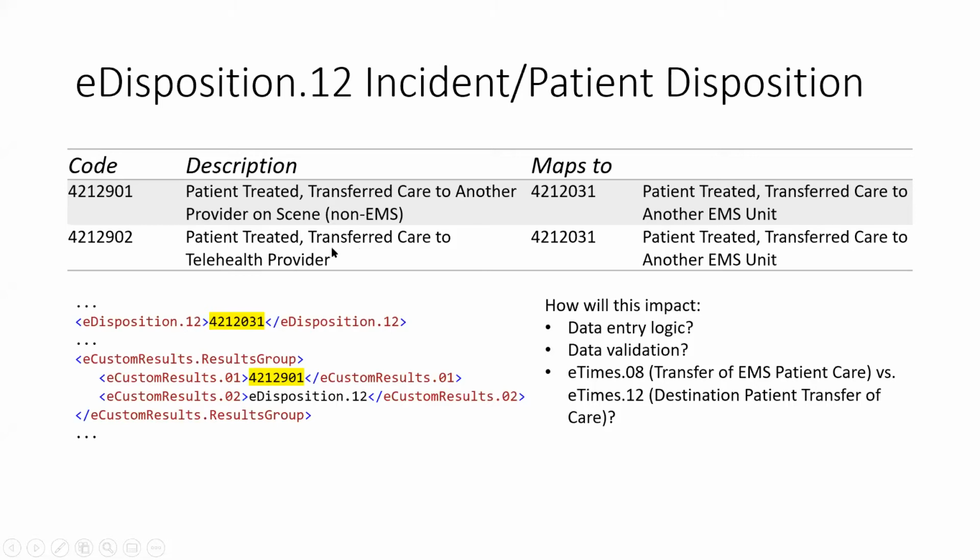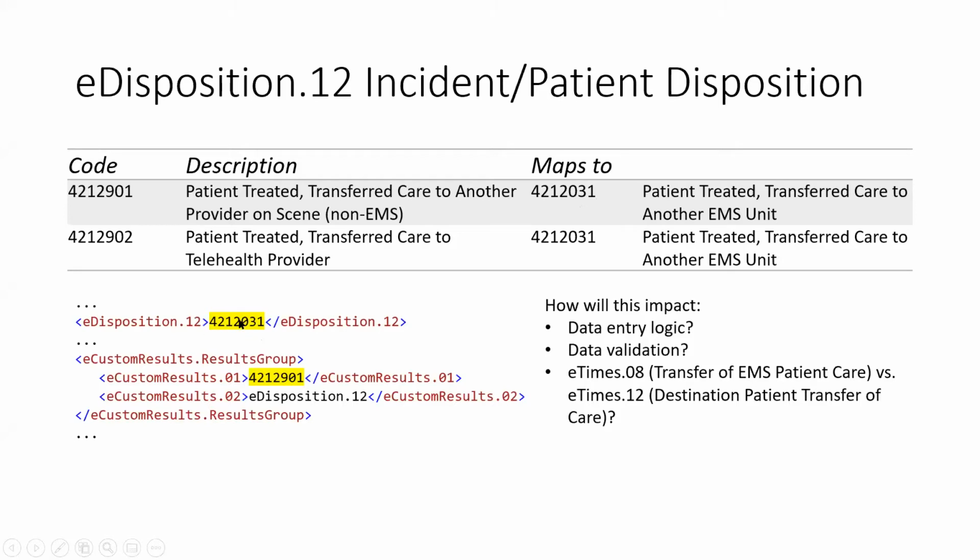In both cases, these cover that treatment-in-place scenario where they did not transport the patient, but they did turn the care of that patient over to someone who was not an EMS provider. ET3 needs to know that for those alternative billing options.